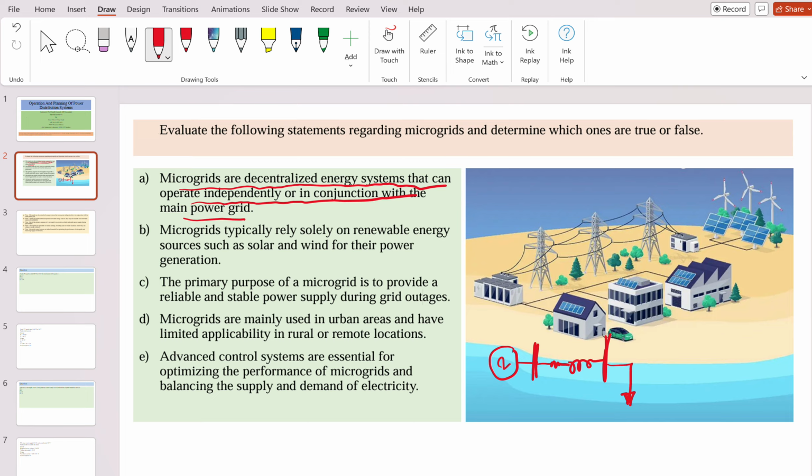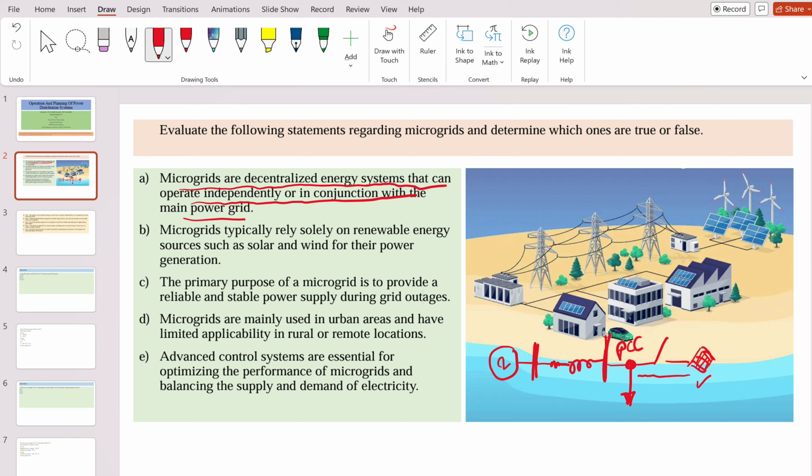So what happens in microgrids? Microgrids are basically decentralized, not centralized, systems. They are decentralized systems which can operate independently. Here I have connected a solar PV panel. It is generating power and giving it to the grid, and it is connected here at the PCC.